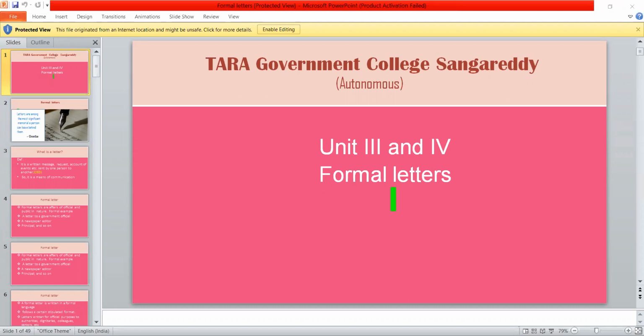Placed above the sender's address. This reference number should be placed above the sender's address at the top. If it is there, at the top of the left margin, the reference number will be written. Sometimes certain letters are directly written on letter pads.